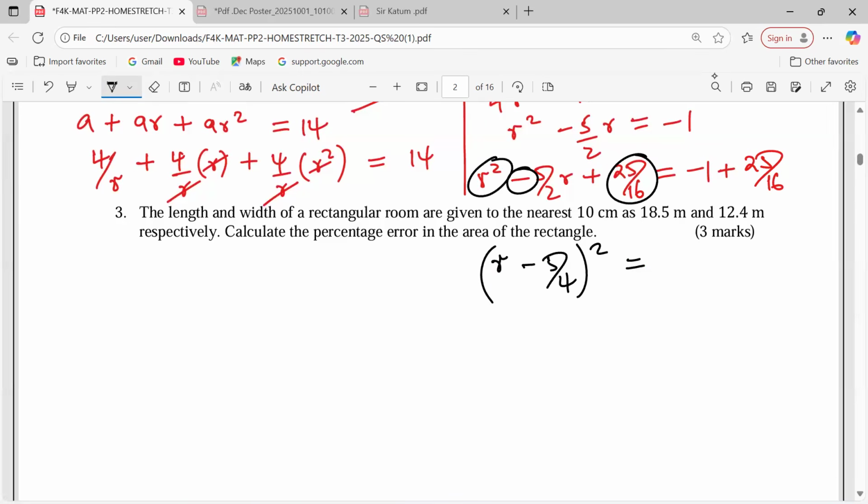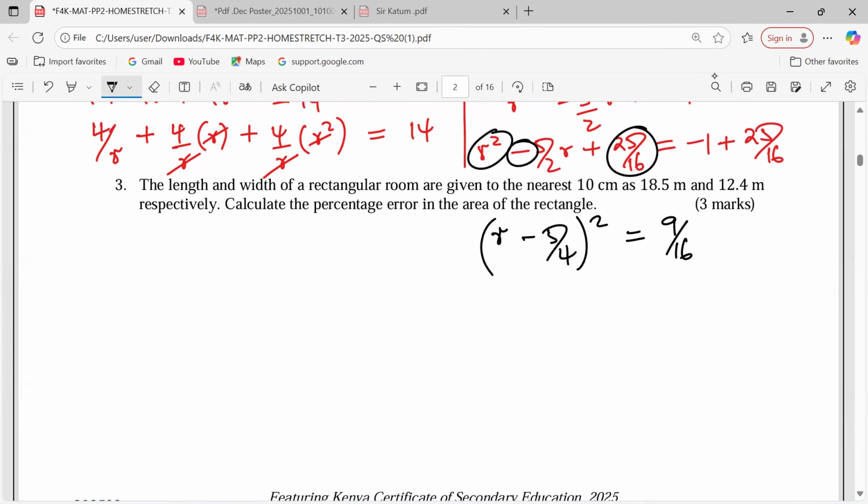You know, this gives us 9 over 16, right? Then with this, we can take the square root from both sides. You shall have r minus 5 over 4 equals plus or minus 3 out of 4.